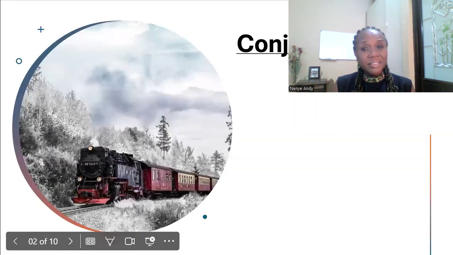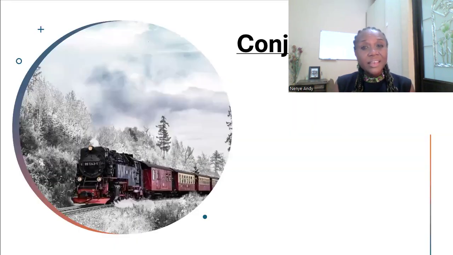Making correct sentences is like adding coaches to a train. A train has different coaches and they're joined together. Something is joining them. And our own sentences in the English language, our own expressions, are also joined and linked by words that we call conjunctions or connectives.